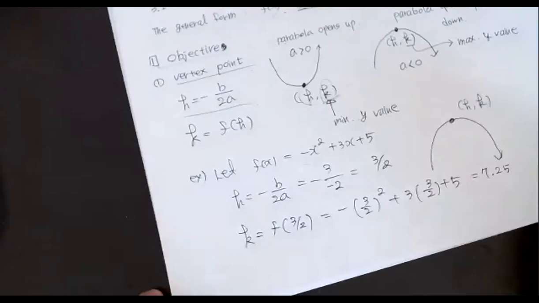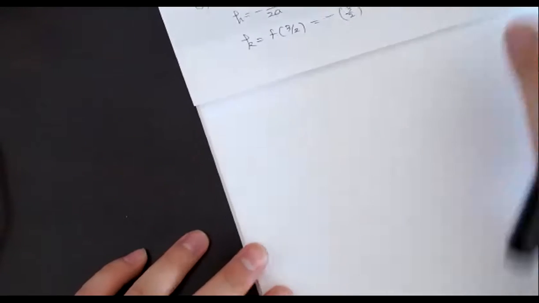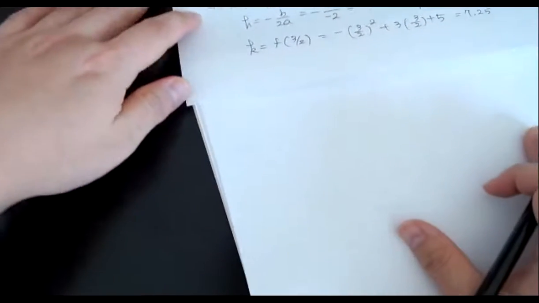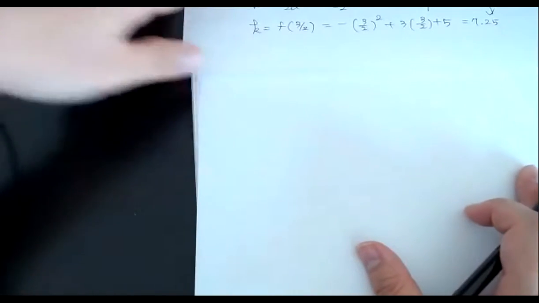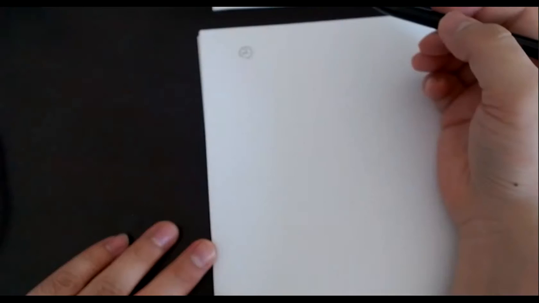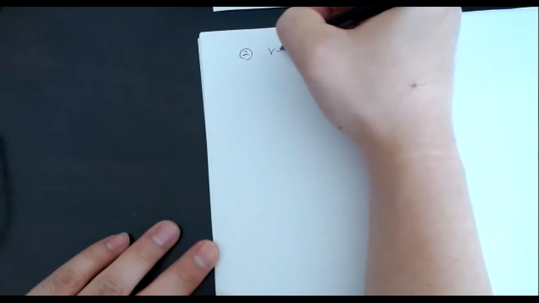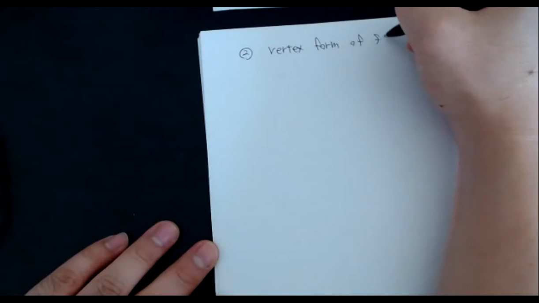Now once you've got the vertex point, we can rewrite the general form into the vertex form of the quadratic function.